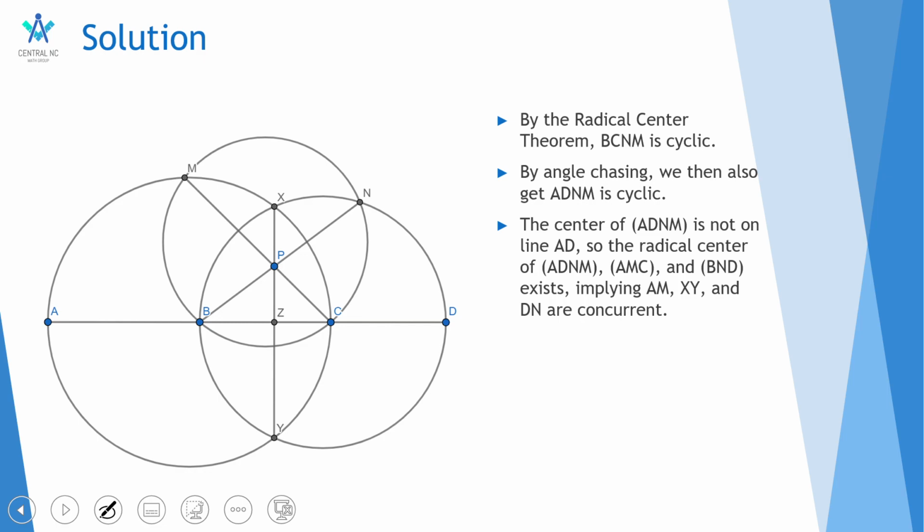So yeah, just take the time, look at this, and now we'll start getting into it. So by the radical center theorem, let's go back. We see that these two chords BN and MC intersect at a point P, which lies on radical axis XY.